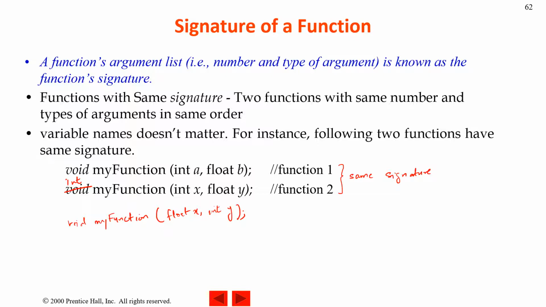Now what you need to see here is that the name is the same, so otherwise it will simply be a different function. For it to talk about overloading, the name has to be the same. What's different between this and these two is this also has one integer and one float. However, the order is different. Here the int comes first and the float comes second. In this case, the float comes first and the int comes second.